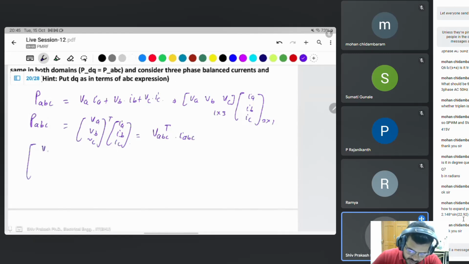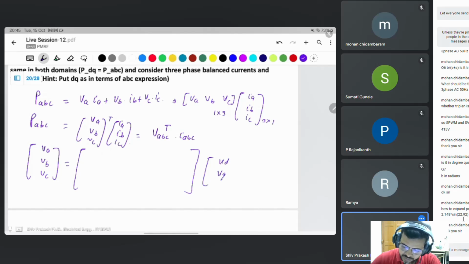And you know, for the conversion of Va Vb Vc into dq form, this will be cos theta, this will be minus sin theta. So cos theta minus 2 pi by 3. Same thing, this is not a cos, this will be a sin. This will be cos theta plus 2 pi by 3, so minus sin theta plus 2 pi by 3.